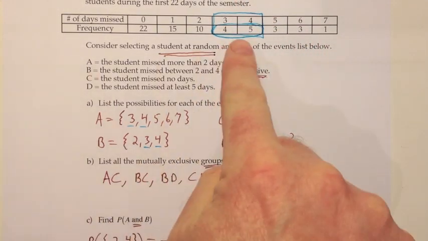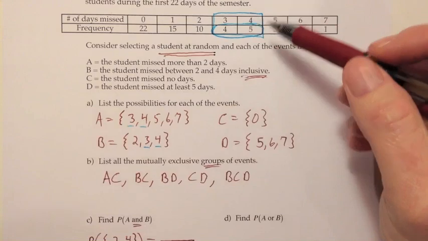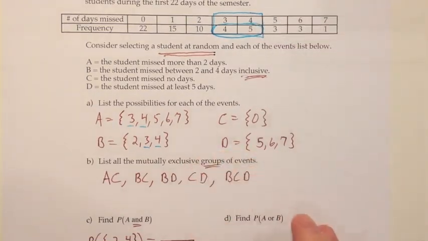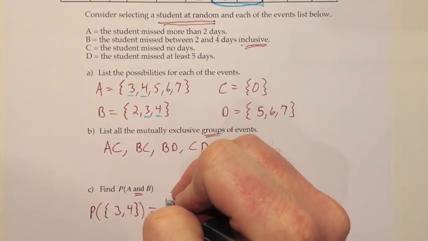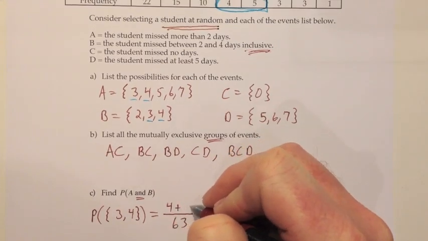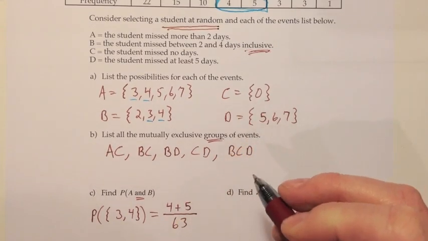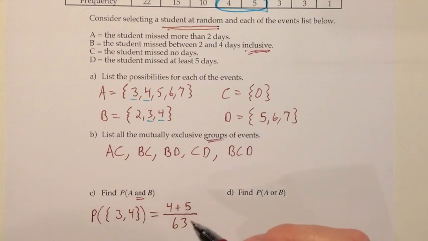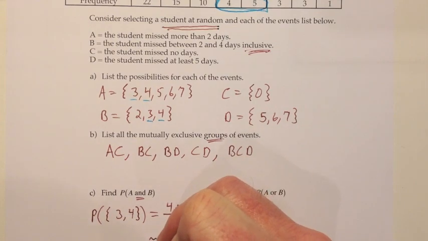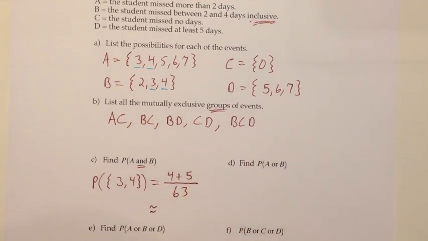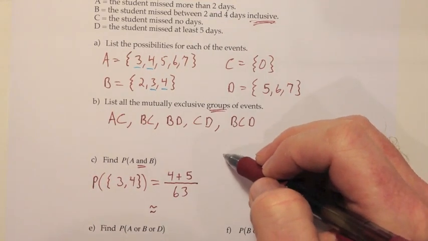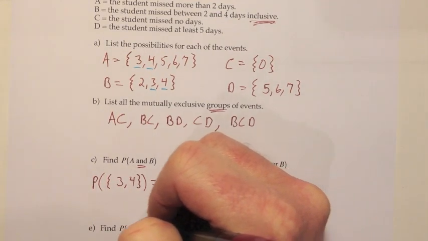So there were 4 students who missed 3 days, and there were 5 students who missed 4 days. So when I do the probability, I want to count the 4 who missed the 3 days and also the 5 who missed 4 days, because any of those students would fall into the overlap. And then I'll change that to a decimal in a bit. For now, I'm just going to stop there and move on to part D.